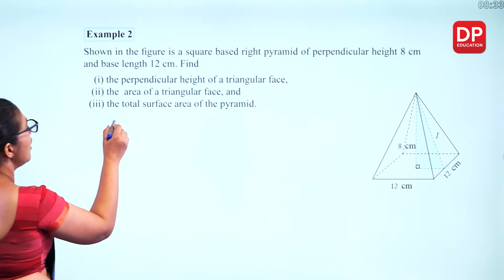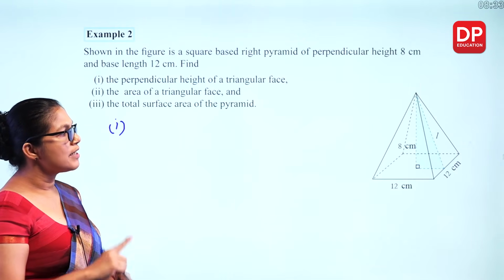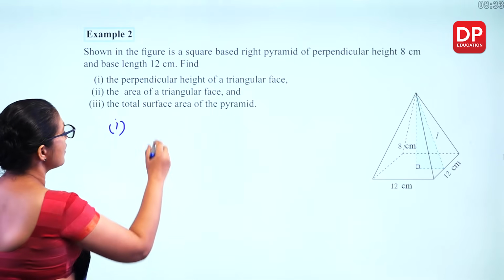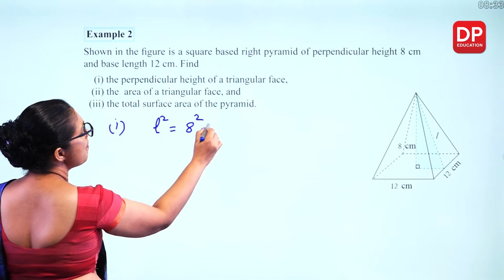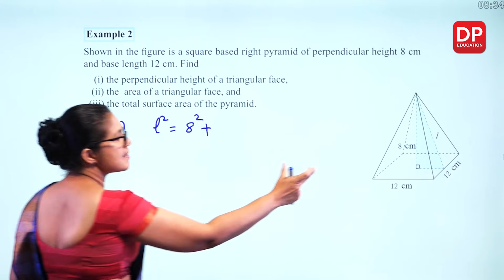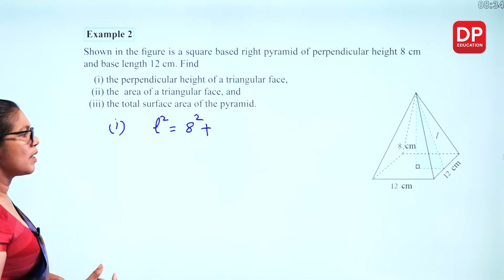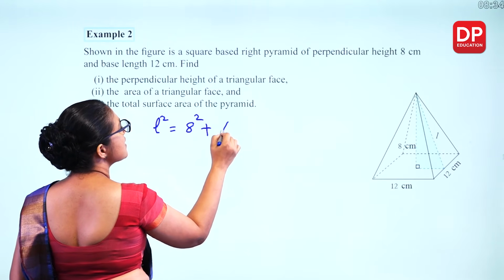So how can we do that? We can see according to the right angle triangle, we can use Pythagoras theorem. So L squared is equal to 8 squared plus, what's this distance? Full thing is 12, half of it, 12 divided by 2, you get 6.